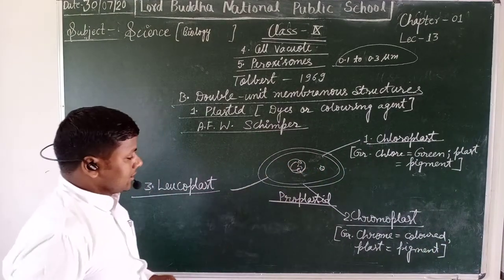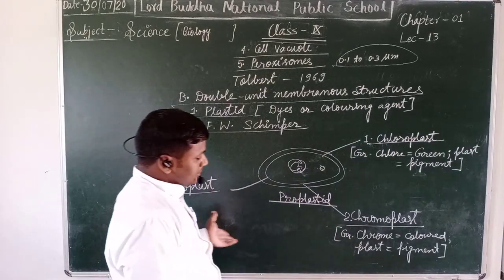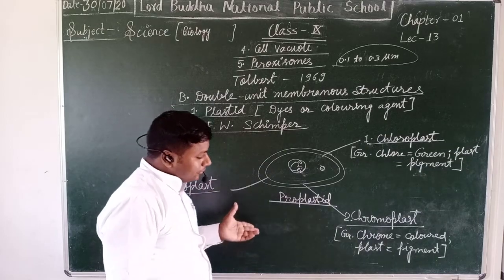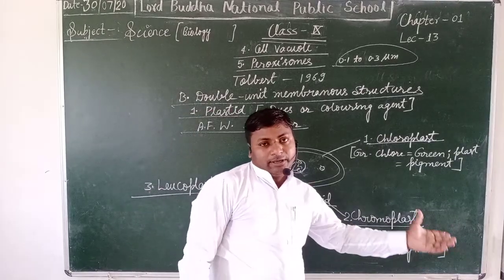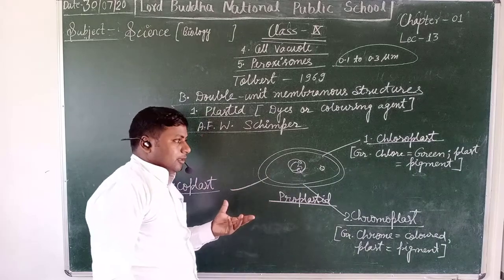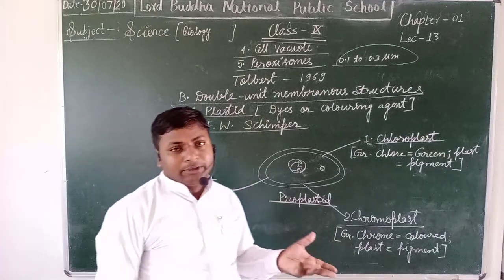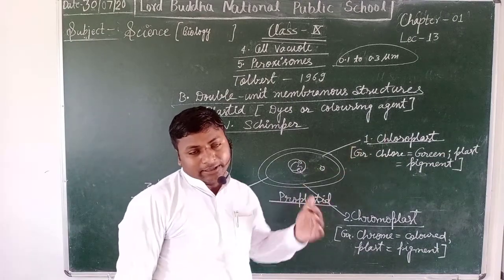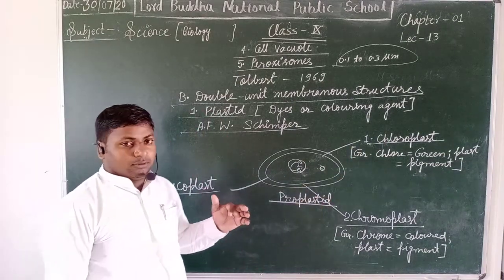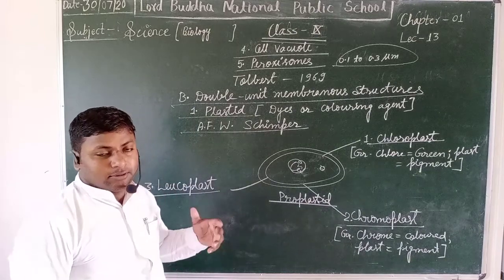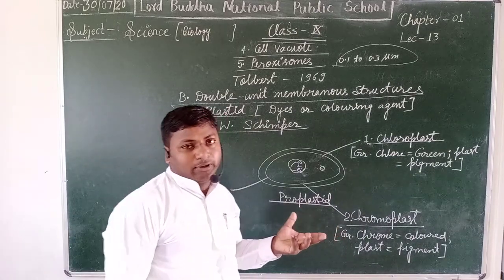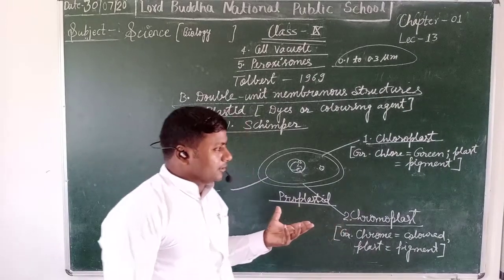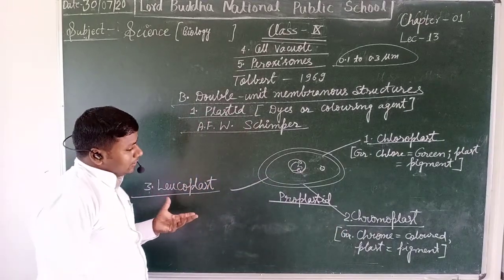It means chromoplasts are the kind of plastids which provide various types of colors to the different plant body parts, such as the peel of fruits. Take the example of banana, yellow color; the peel of apple appears red; likewise, tomato also appears red when ripened.